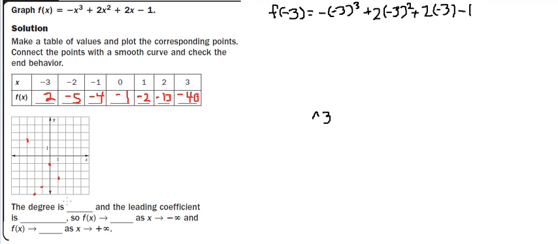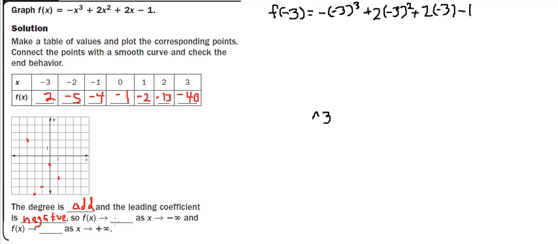Now what you're going to do is look at the end behavior of the graph. If you want to go look at the end behavior example, you should go do that. So we're going to look at the degree here. The degree is 3, so the degree is odd. And the leading coefficient is -1, so it's negative, which means that x and f of x are going to be doing opposite things.